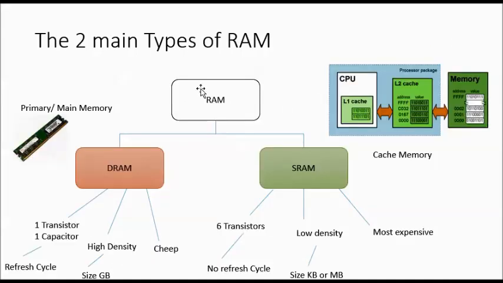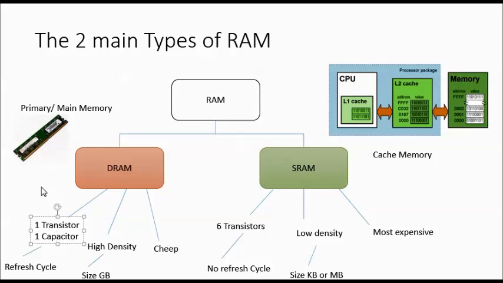So, over time, the technology that's been used for primary memory has been something known as DRAM, or dynamic RAM. Dynamic RAM is built from a very simple circuit. It's built from one transistor and one capacitor. Capacitors, if you've studied them in science, store charge. However, they don't store charge for very long.